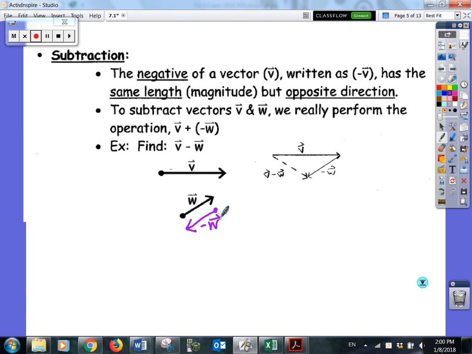If I take vector v and I just redraw it, whenever we ask you to draw something, it'll actually be on a coordinate plane as far as the test and quiz go. And then we add negative w. So here's vector v, here's negative w, there is your result. When I'm adding, it's head to tail.